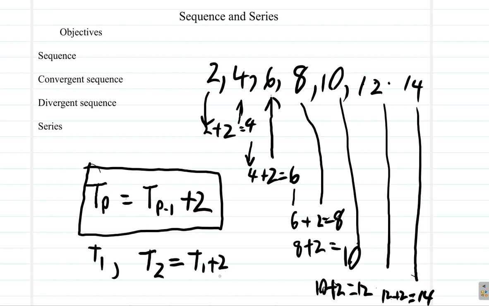So the second term, in this case 4, you get it from the first term, in this case 2, plus 2.